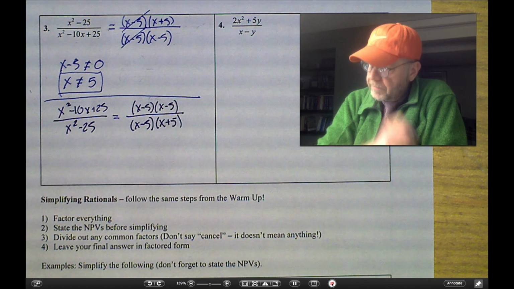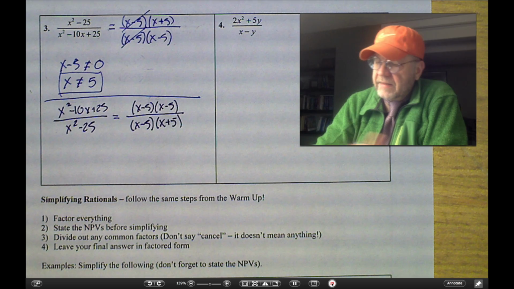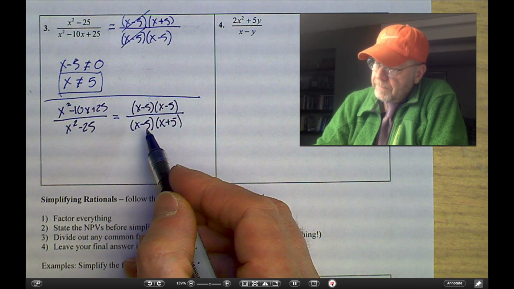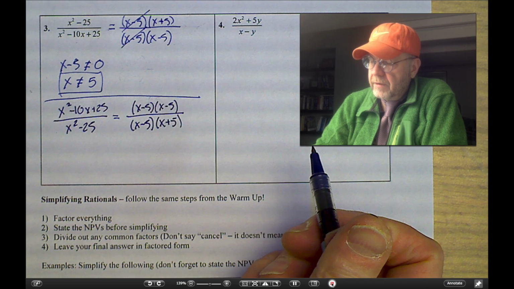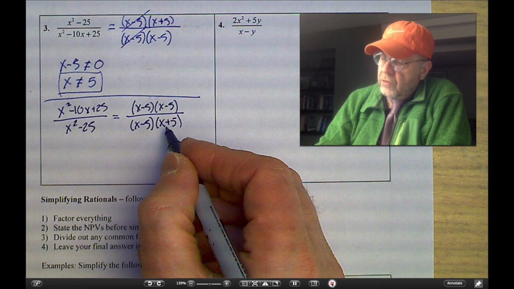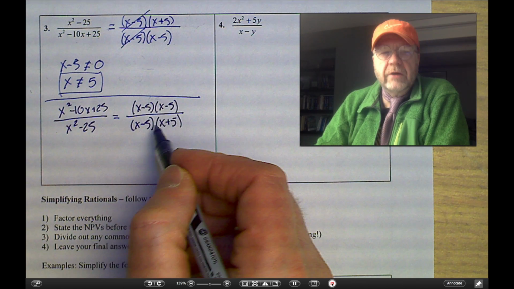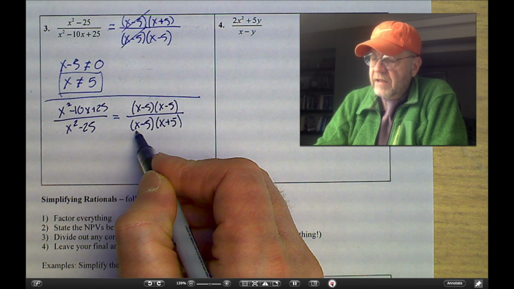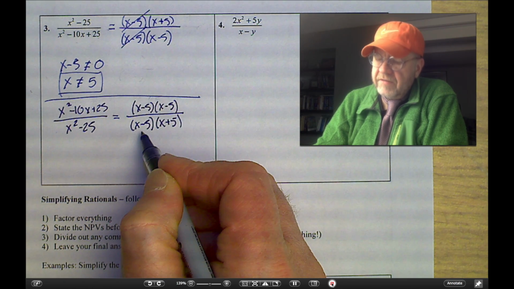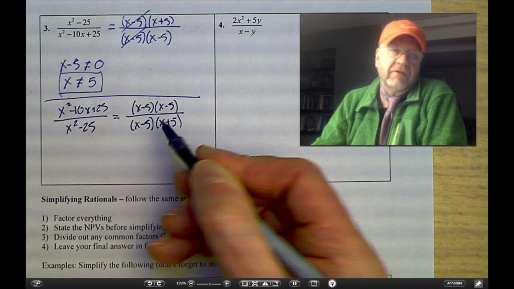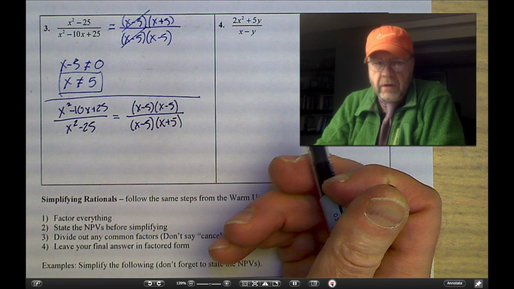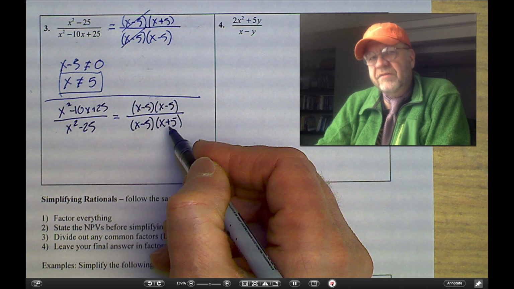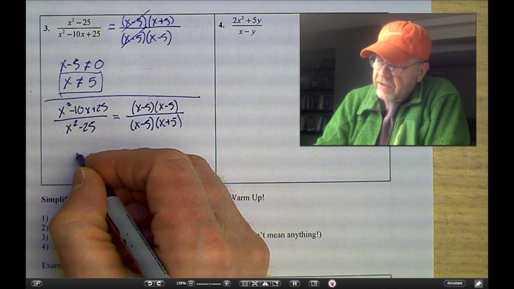You might get the same kind of dividing out, but if you left it in this form, could x be equal to positive 5? Well, if x were equal to positive 5, then this would be 0, and 0 times this would also be 0, and so you get a 0 denominator, and that wouldn't work. But you'd also have x not allowed to be negative 5.